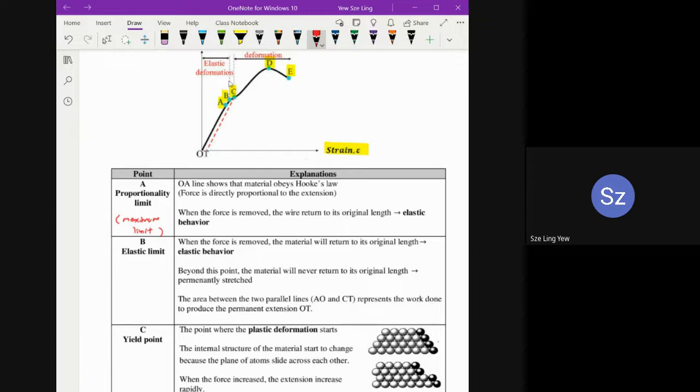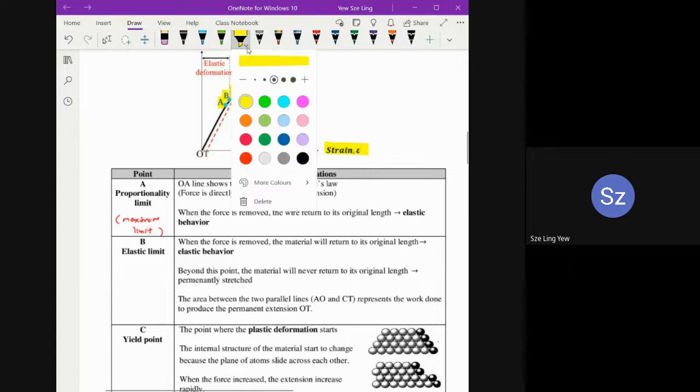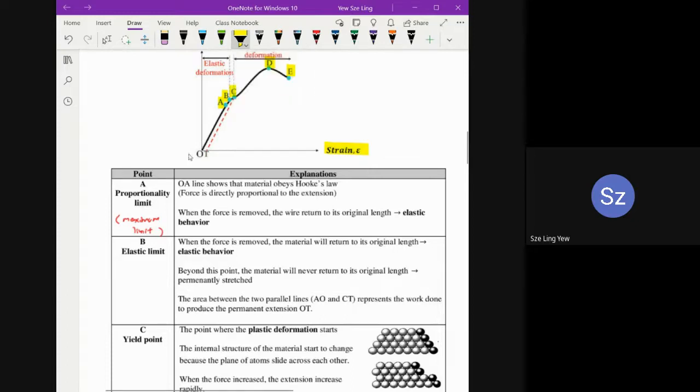So we end at point B, and the area between two parallel lines, OA and CT. We have two lines, two sets of values here. One is OA, and another is CT.